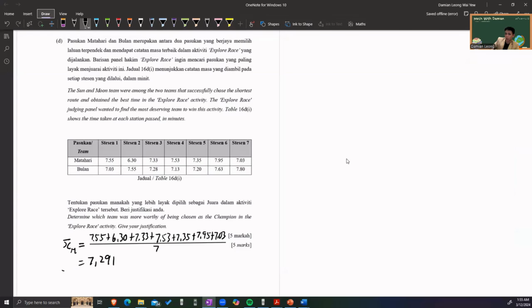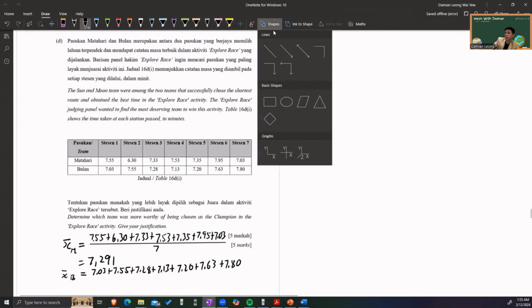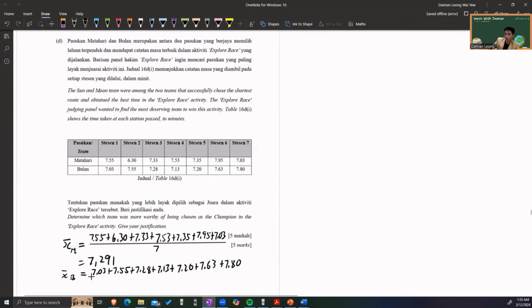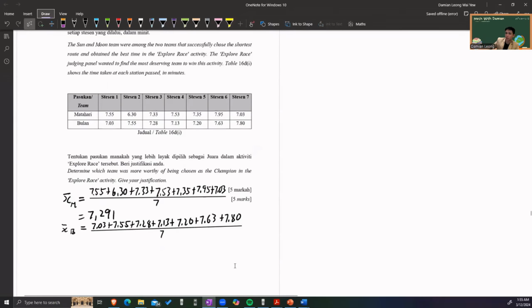Okay. Mean for Bulan team. Also add up each of these values, each of the times in each station. Divide by, again, the number of stations, 7.